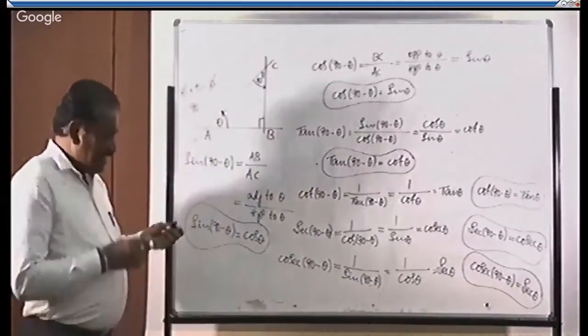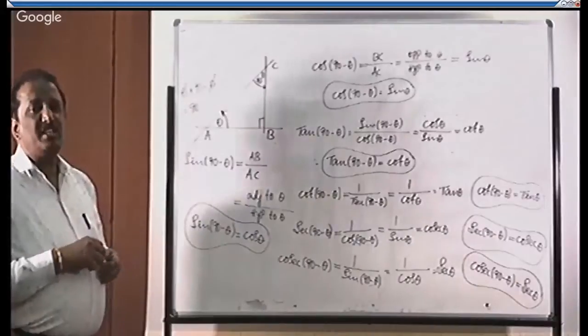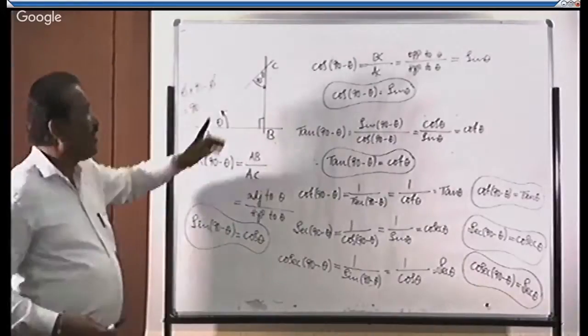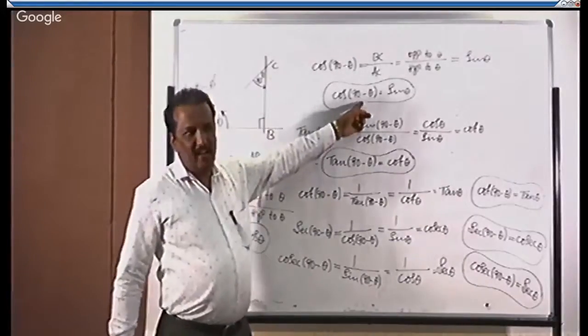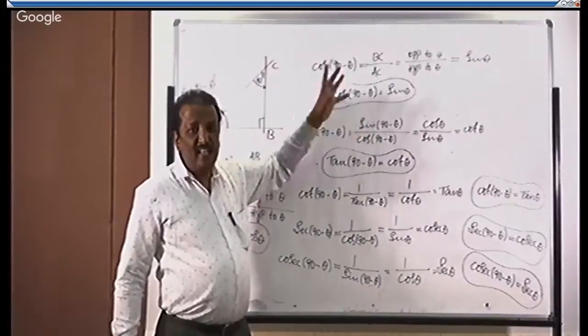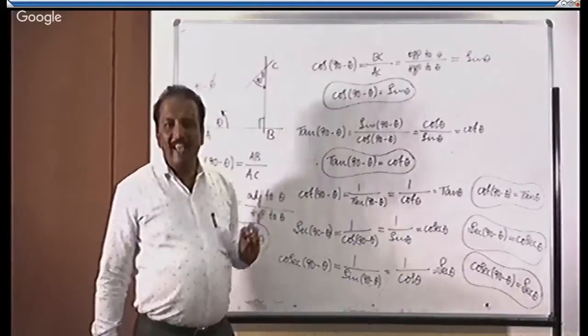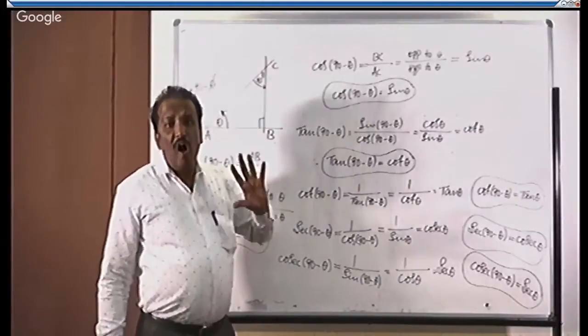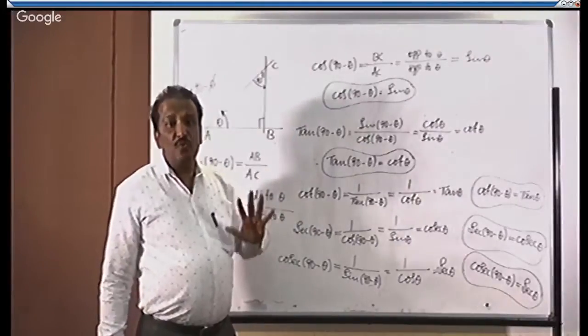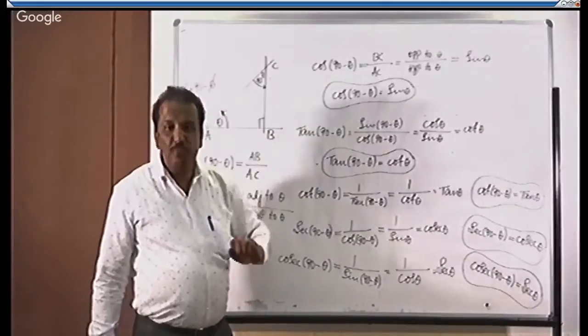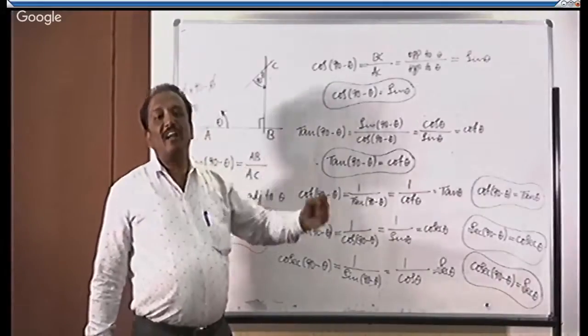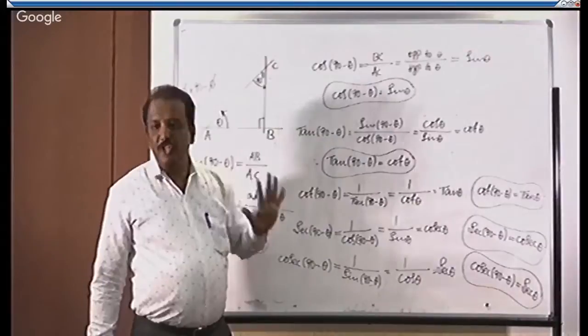Once again, it is also a proof for your ASTC rule of signs. Observe here, 90 minus theta is an angle which comes under the first quadrant. According to the ASTC rule, all the trigonometric functions, when connected to an angle in the first quadrant, yield a positive sign.